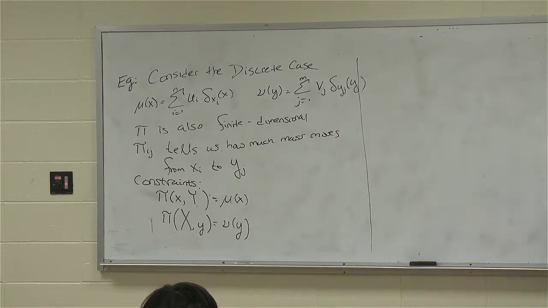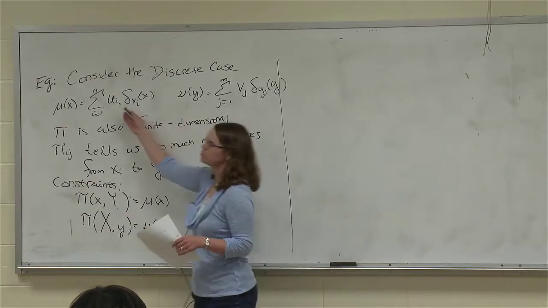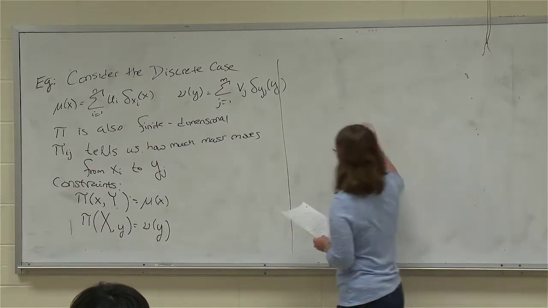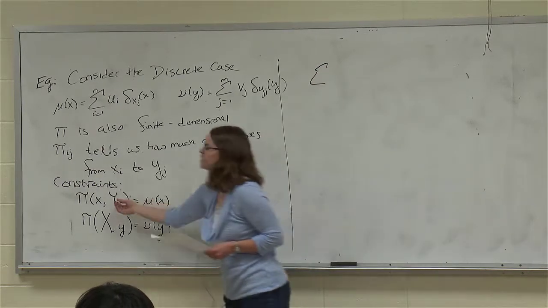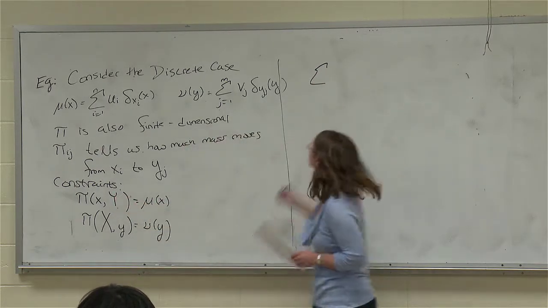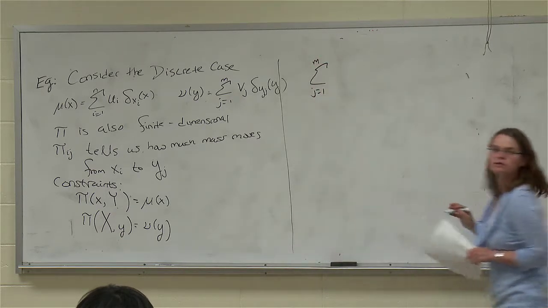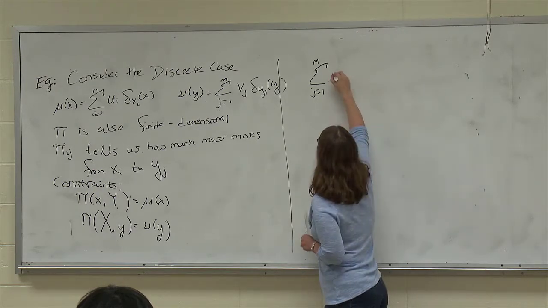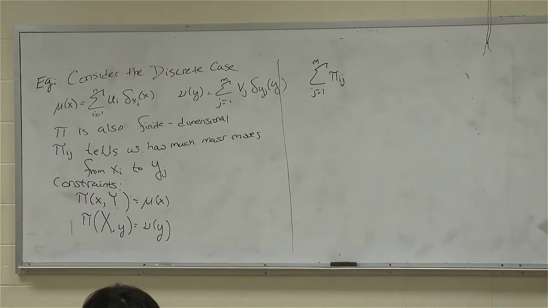Now we can write this in terms of these u's and v's, these weights. What does this mean? Here we're integrating away the y dependence. So if we integrate away the y dependence, we're going to add up over all our target masses of pi ij.